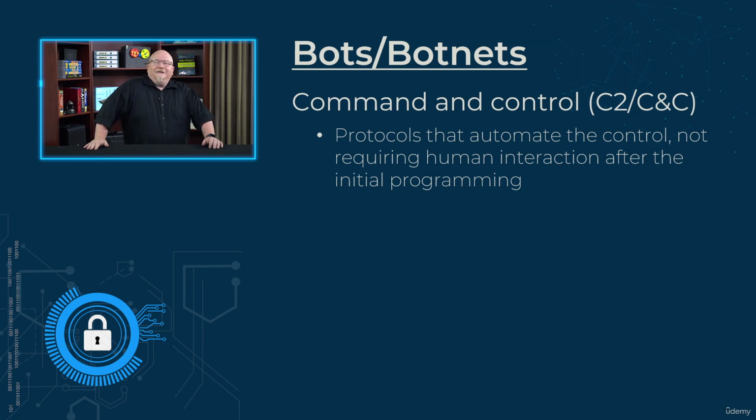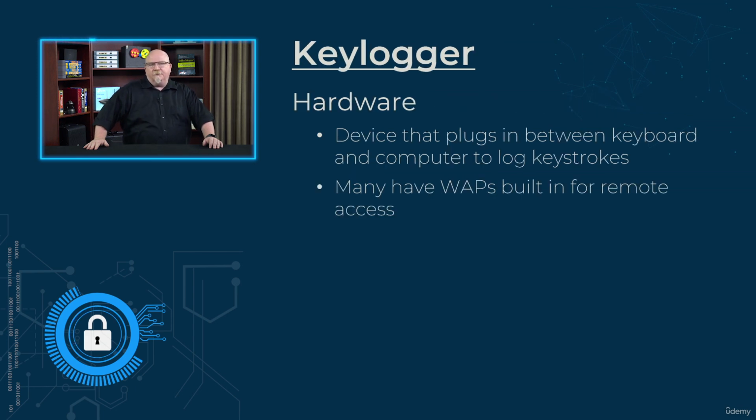All right. The other one I want to talk about is something called a keylogger. If you were to say to me, Mike, one of the most nefarious problems we have out there today in malware, that would be keyloggers. A keylogger can manifest, for example, as a little device that plugs in between your keyboard and your computer itself.